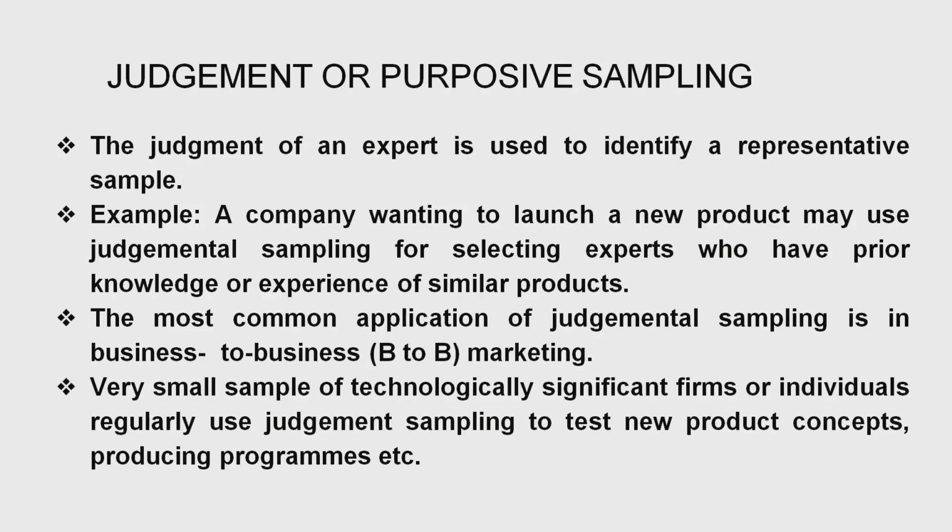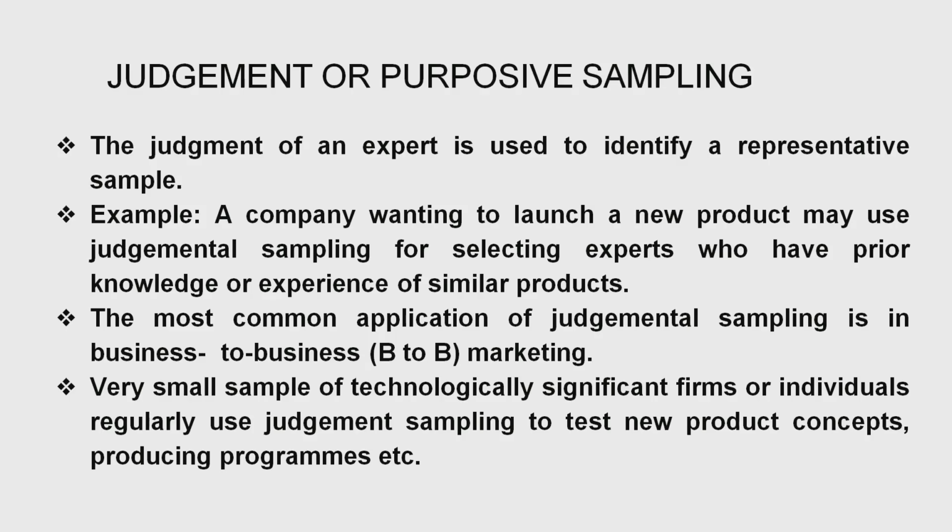So, when the company wants to launch a new product, the people with whom they will do the study are already known to them, and are experts in giving their judgment or opinion about the products. Only with them will they go for the research. That is why it is called judgment sampling, and it is used mostly in business to business marketing.